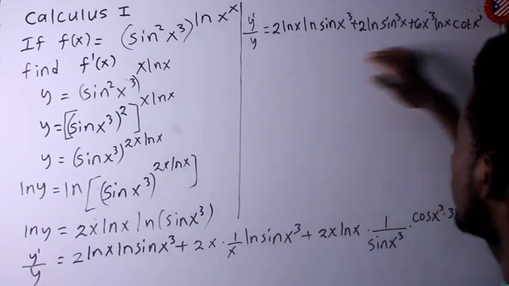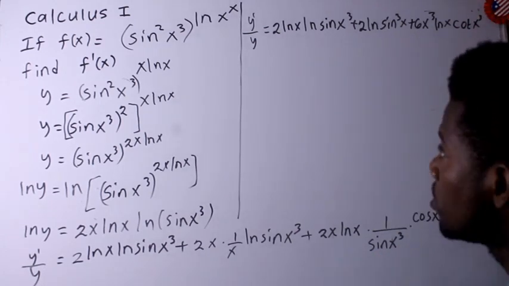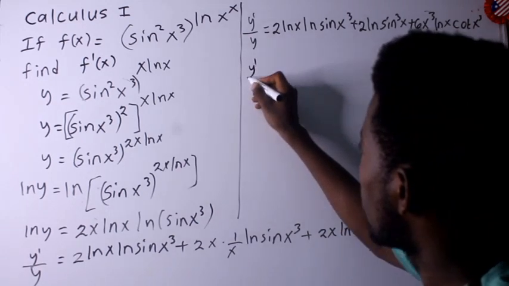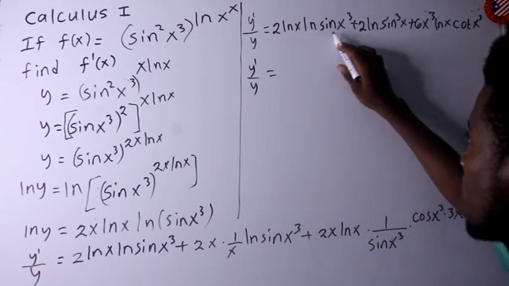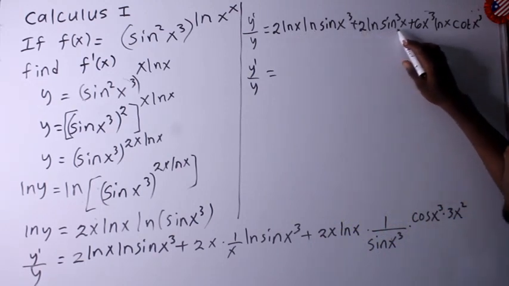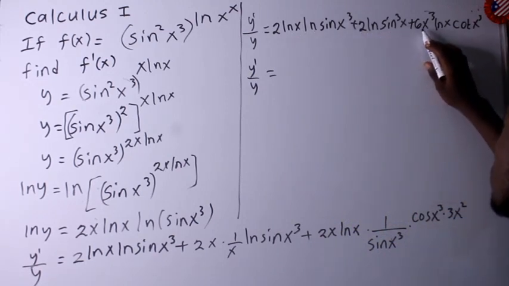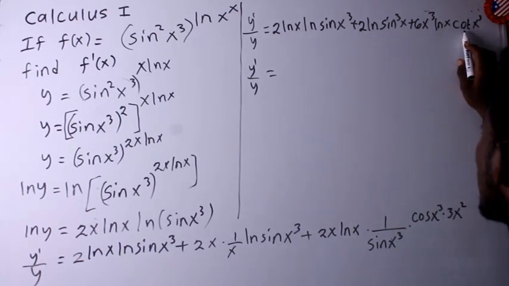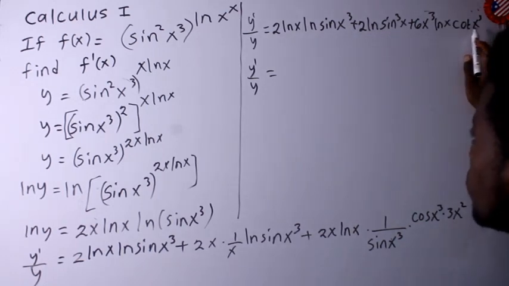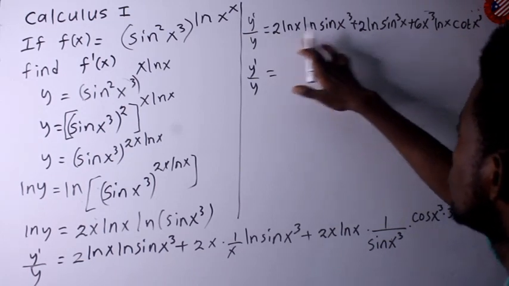We can check if we can find our least common denominator. So we write y prime over y is equal to 2 ln of x, ln of sin x cubed, plus 2 ln of sin x cubed, plus 6x cubed, ln of x, cotangent x cubed. So we are seeing 2, 2, 6.